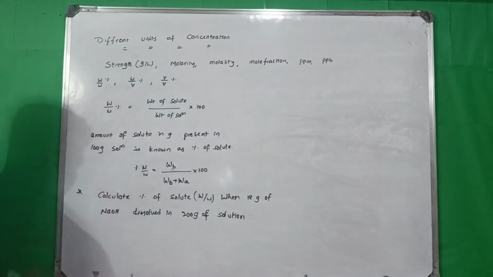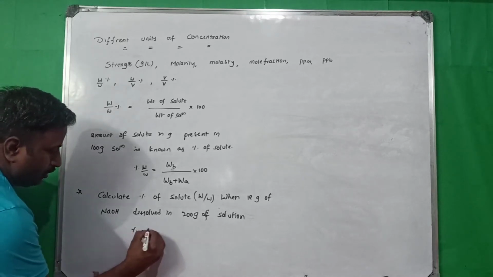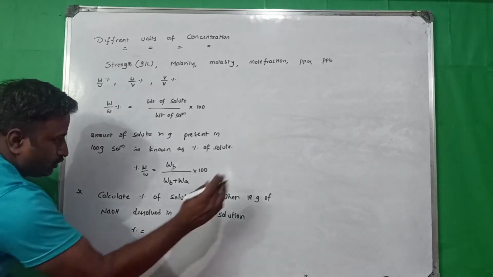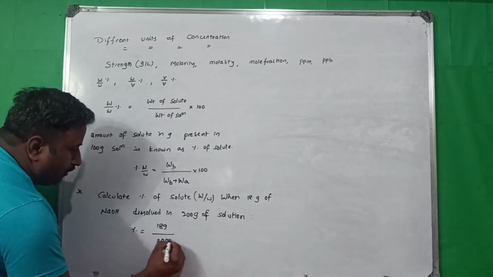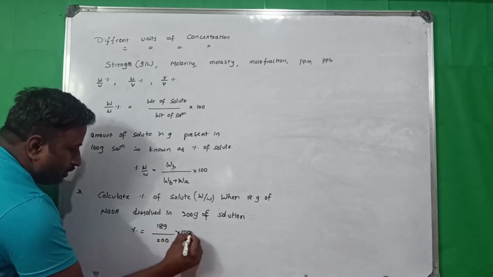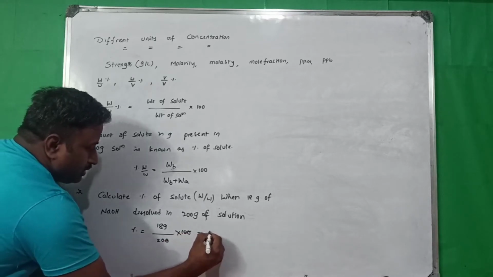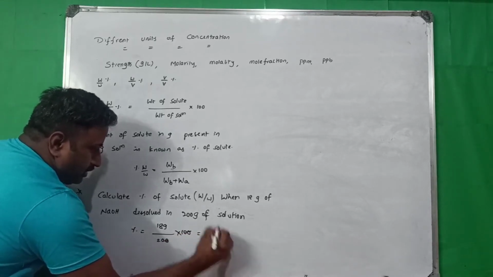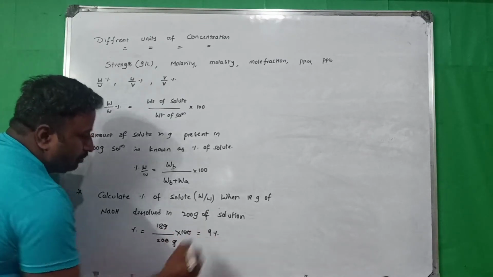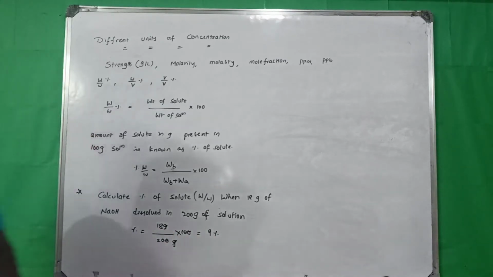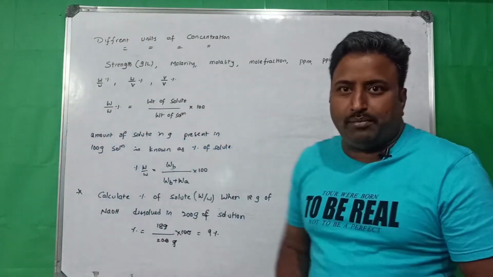So here percentage is equal to weight of solute given, 18 grams, upon weight of solution given, 200, into 100. Two zeros cancel, then it is 9%. Grams cancel, so the solution percentage is 9%.